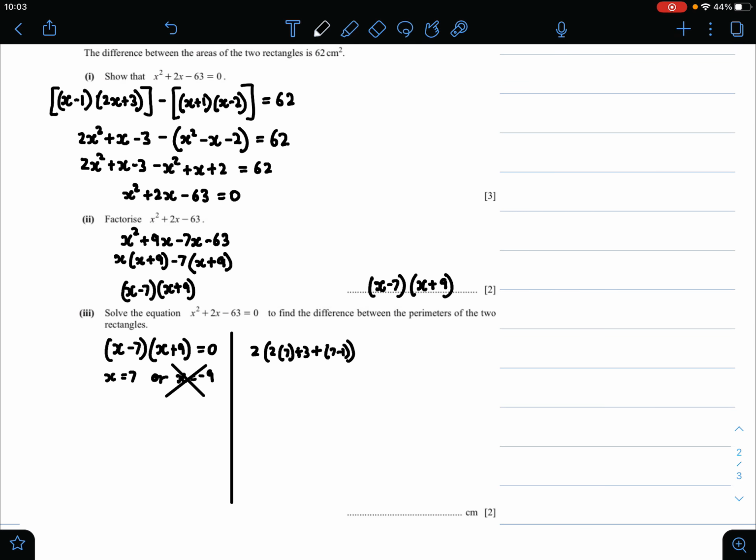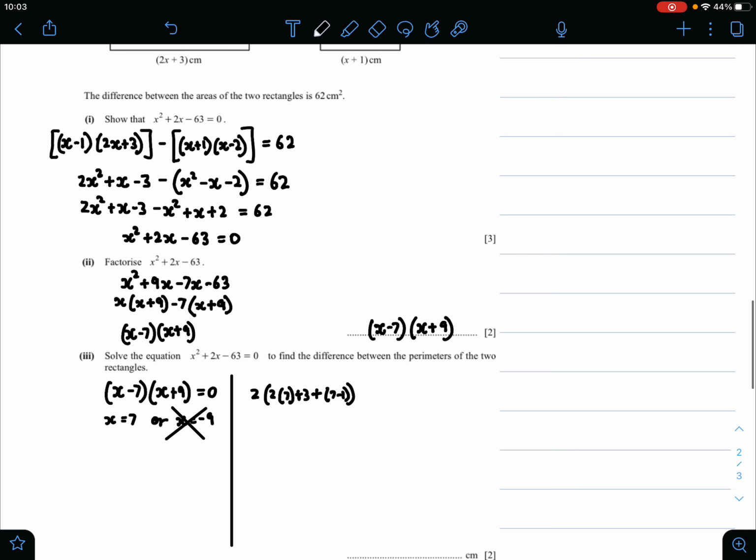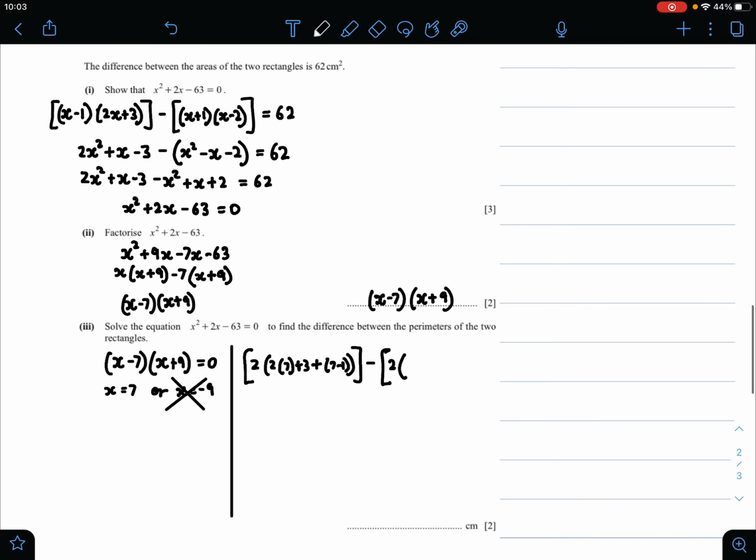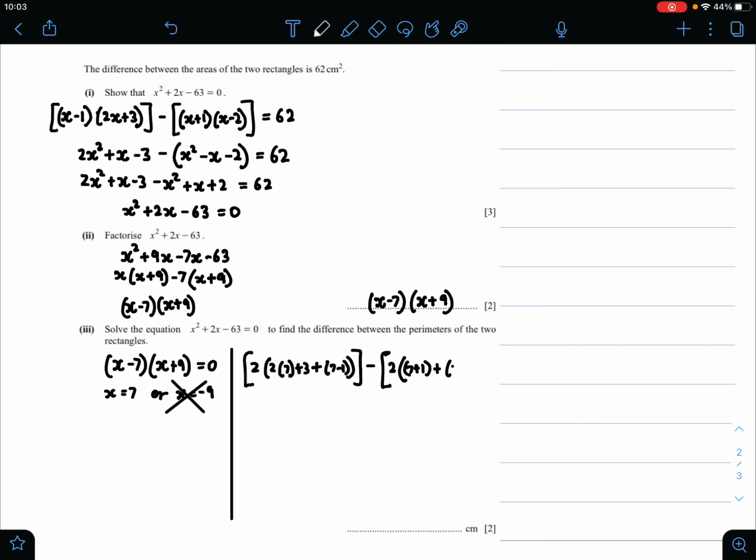So that is for the first rectangle, and we have to find the difference, so we will minus it from the second rectangle. So once again, 2 times x plus 1, so 7 plus 1, plus x minus 2, so 7 minus 2.